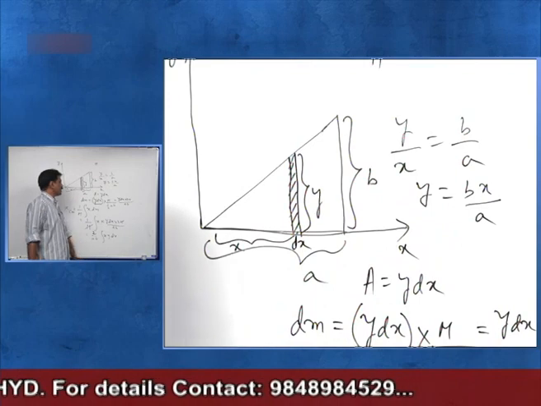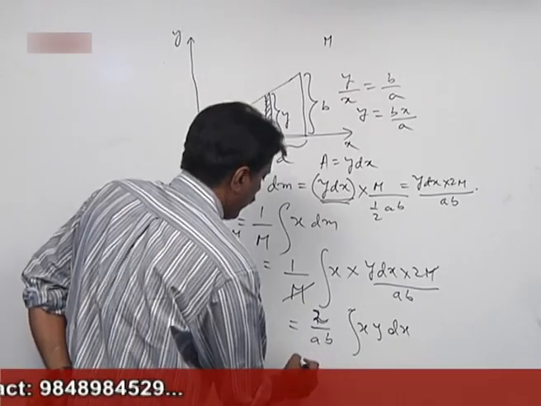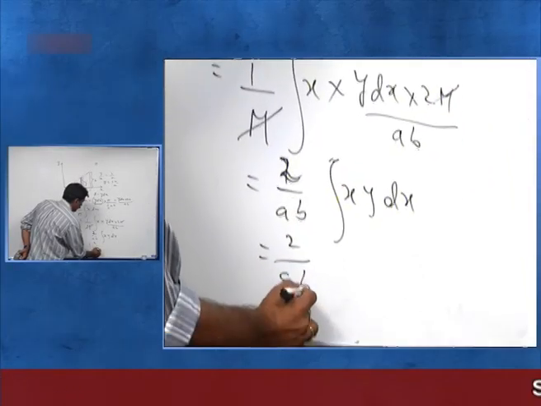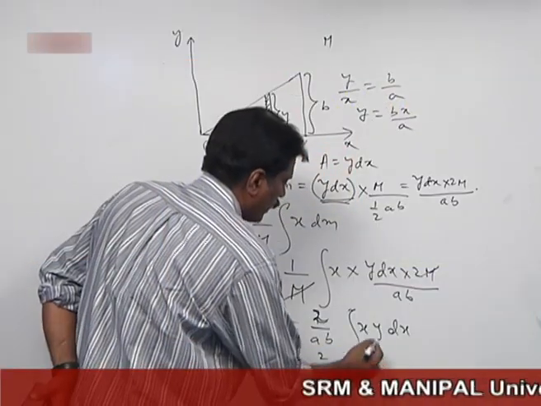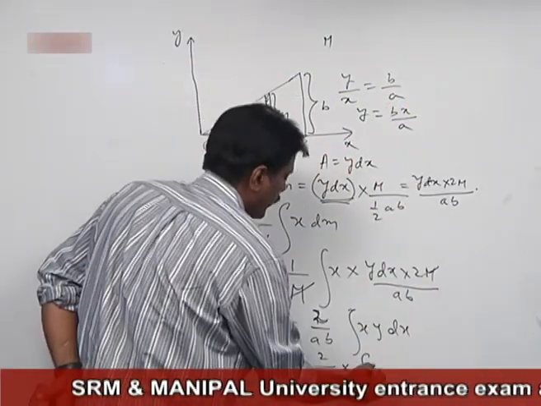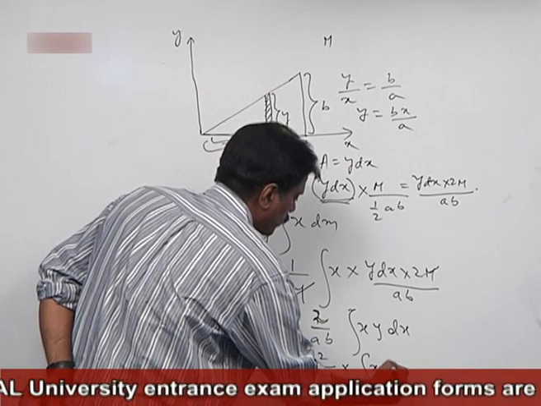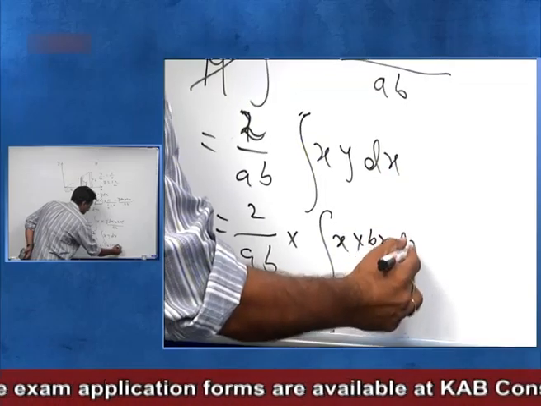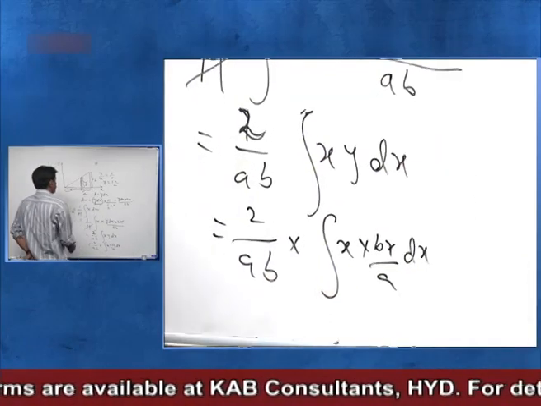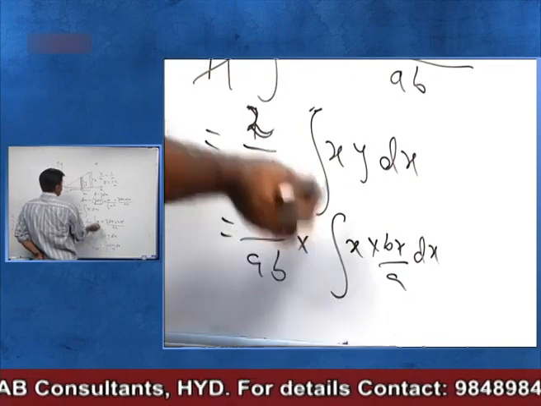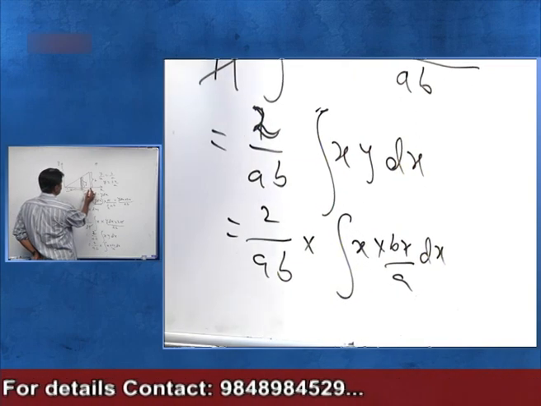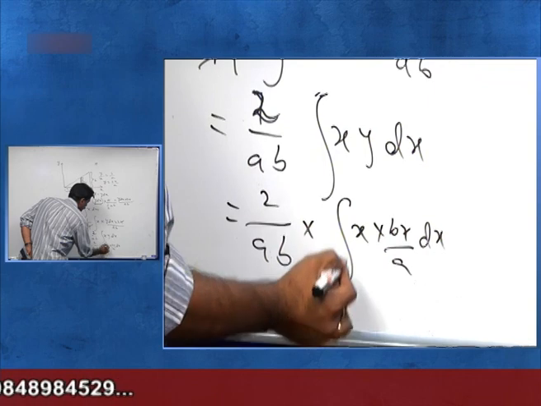So y is equal to bx by a. Then this can be written as 2 by ab into integral x into bx by a dx. x is a function of x whose value lies from 0 to a, so the limits will be 0 to a.